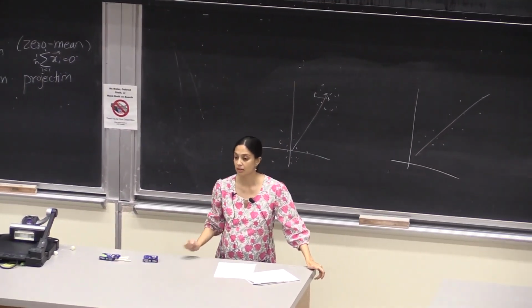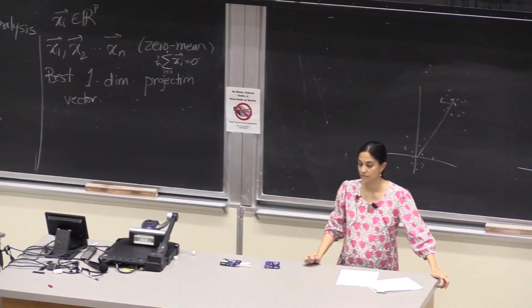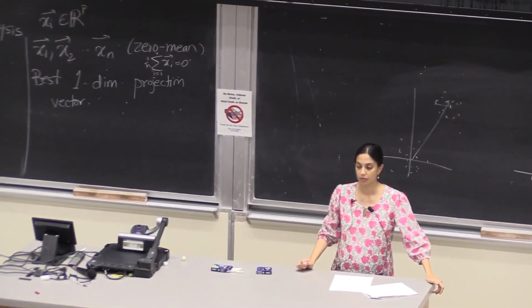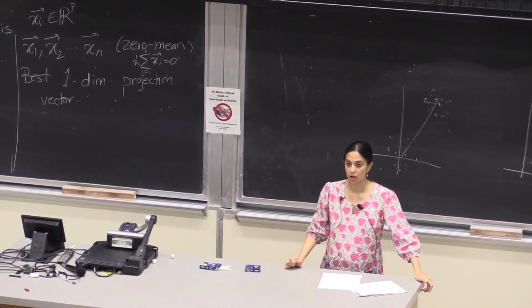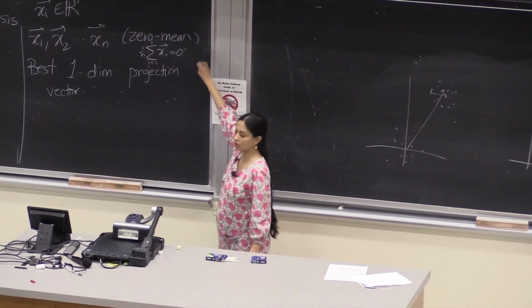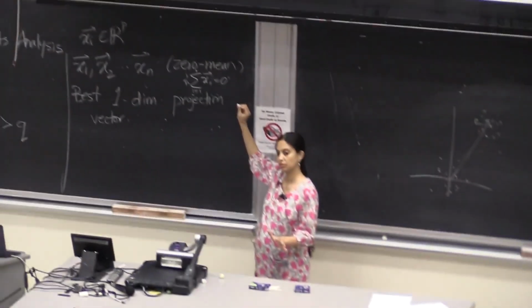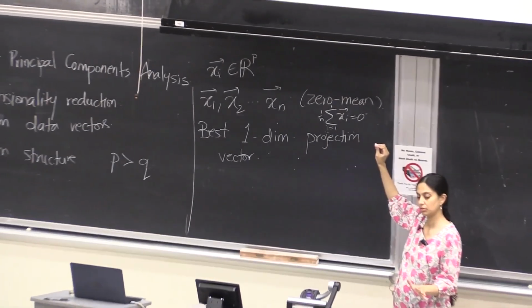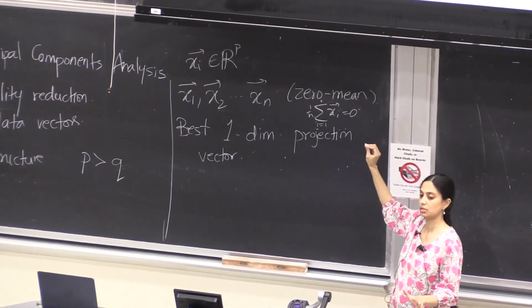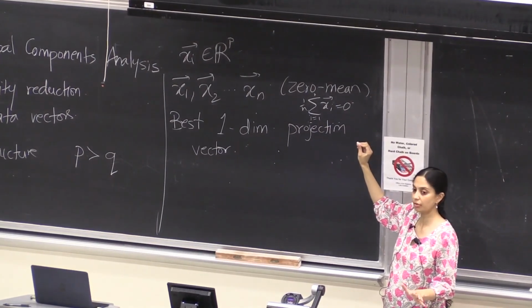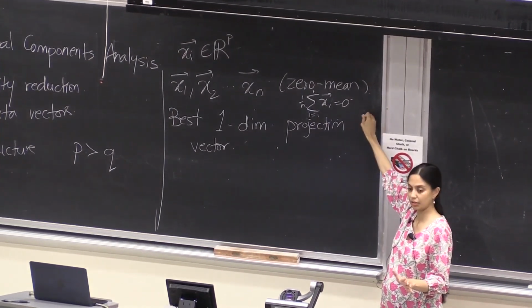Yes? So just make sure, it's all 0 in every dimension? No, it means exactly what I just wrote here, which is that the average of the data points is 0. Say it's 2-dimensional, like R^p, right? Is every dimension always 0? No, not in every dimension. It's just the average of the data points.